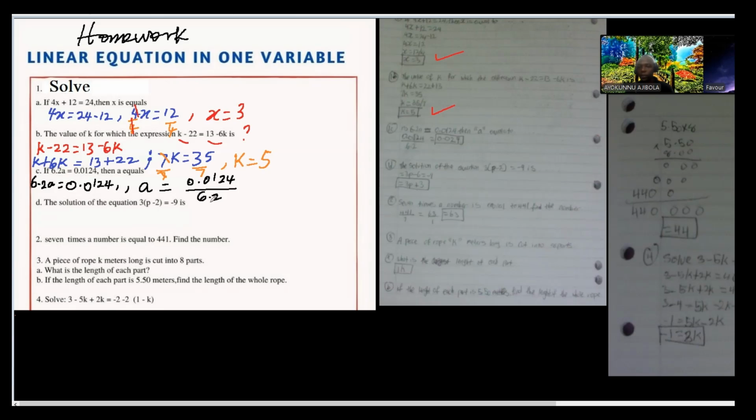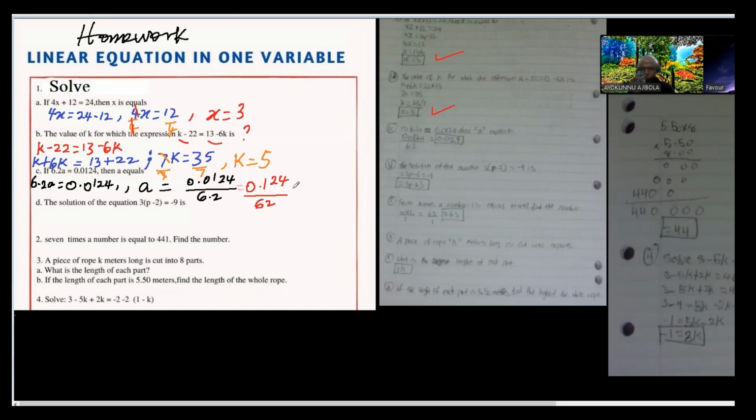To do this, we can change the number at the bottom to a whole number by shifting one decimal place at the top. So we have 0.124 divided by 62.